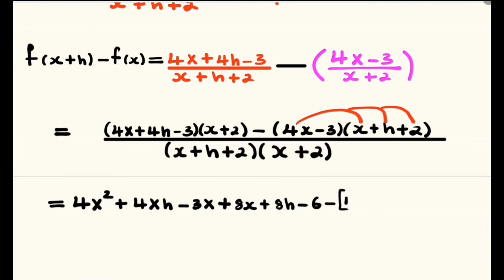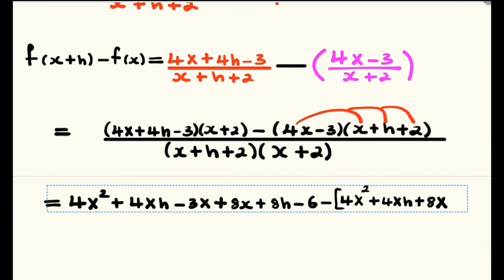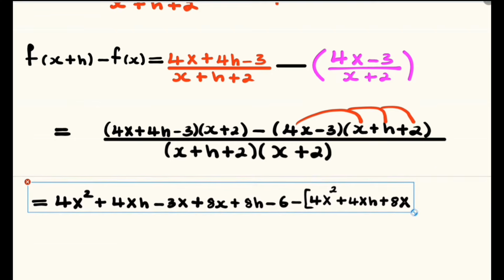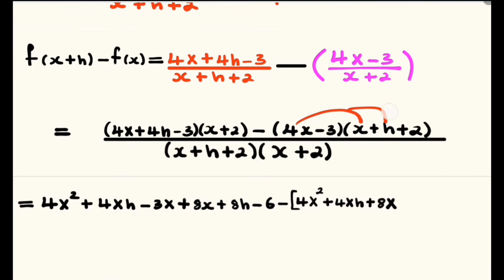Minus into, we distribute the 4x, and 4x multiplied by x will be equals to 4x squared. 4x multiplied by h will be equals to 4xh, and 4x multiplied by 2 will be equals to positive 8x. And now we distribute the negative 3.